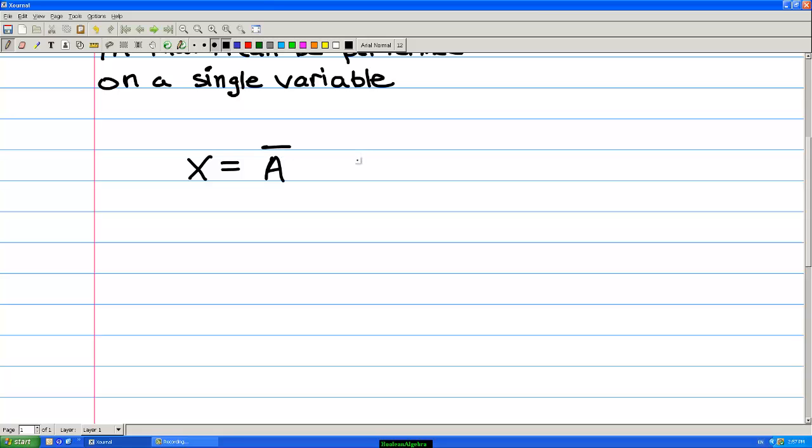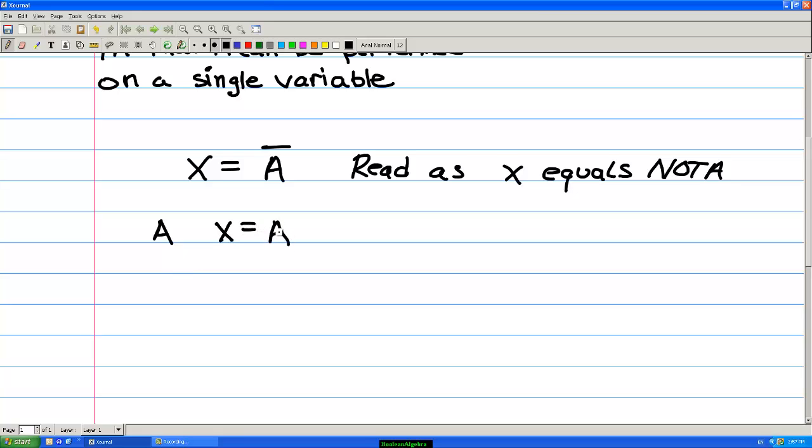So you would read this as X equals not A. And we can summarize this rule in a truth table with one variable A, and X will equal not A, or A not.